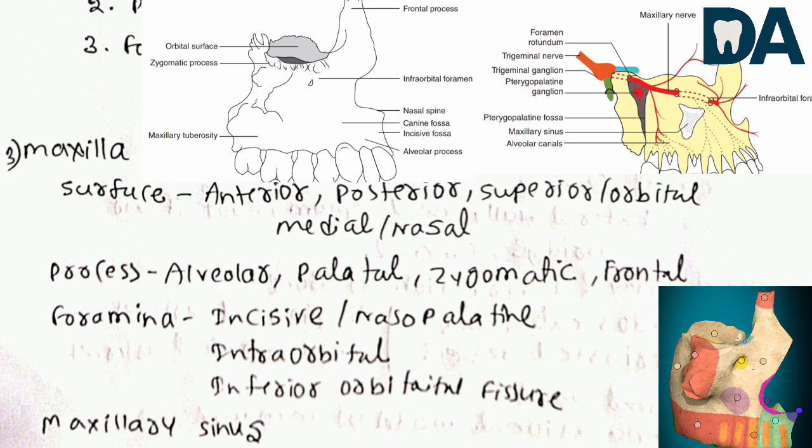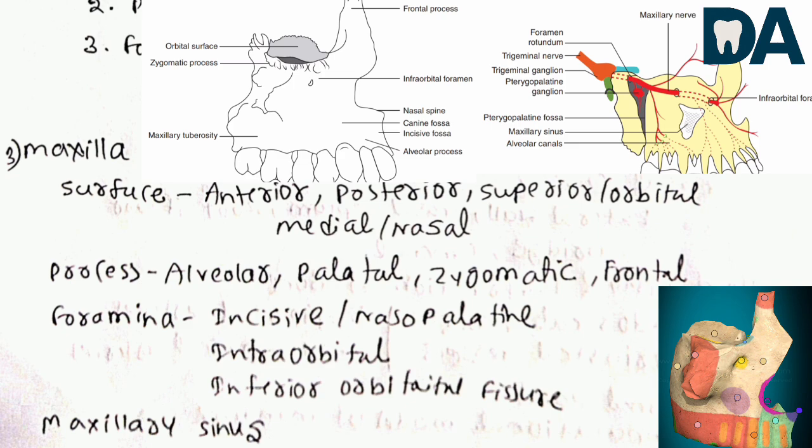Maxillary hiatus. It is a large irregular opening of the maxillary sinus. Nasolacrimal groove. It is a linear depression that becomes continuous with the nasolacrimal canal that locates the nasolacrimal duct.